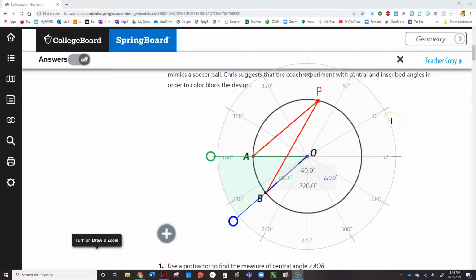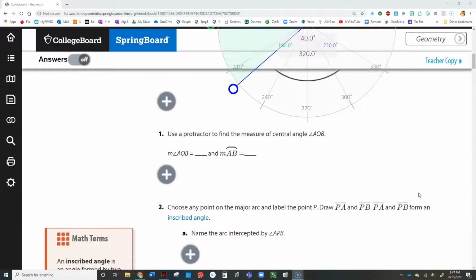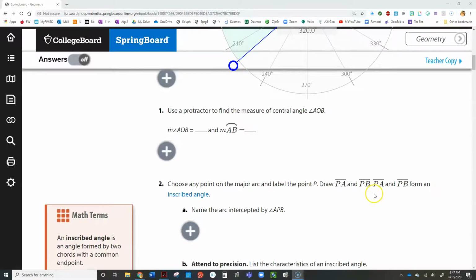Okay, so there's point P. So we've done the drawing like it said. Now I'm going to turn the drawing off, because I can't even scroll. So I'm going to turn the drawing off so I can scroll. And the drawing went away. Yeah, this is just not working out for me.